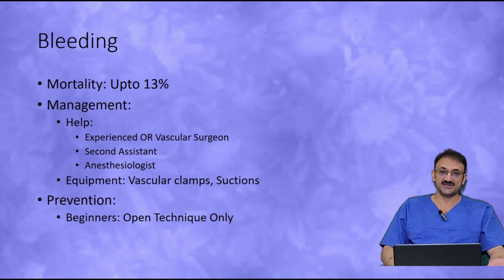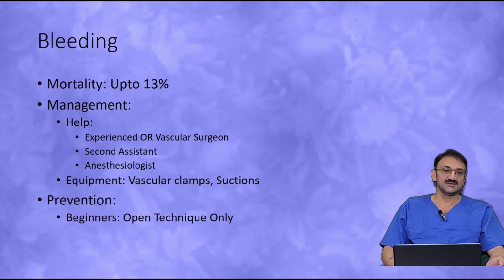But you may need another assistant, and the anesthesiologist must be taken on board, because once these vascular complications happen, you may be increasing the pressure to dangerous levels in order to temporarily control the bleeding.